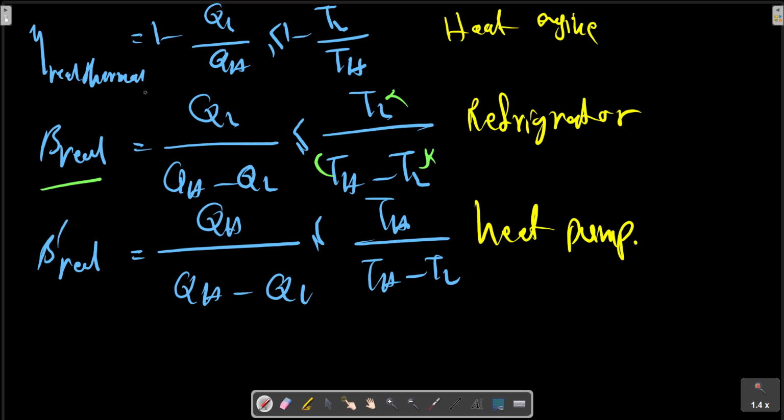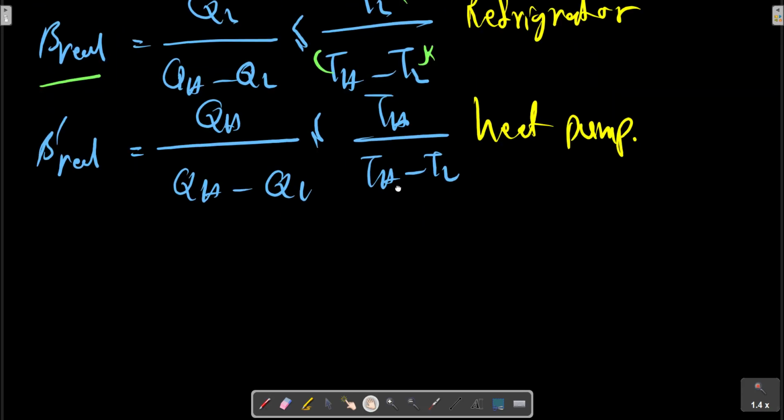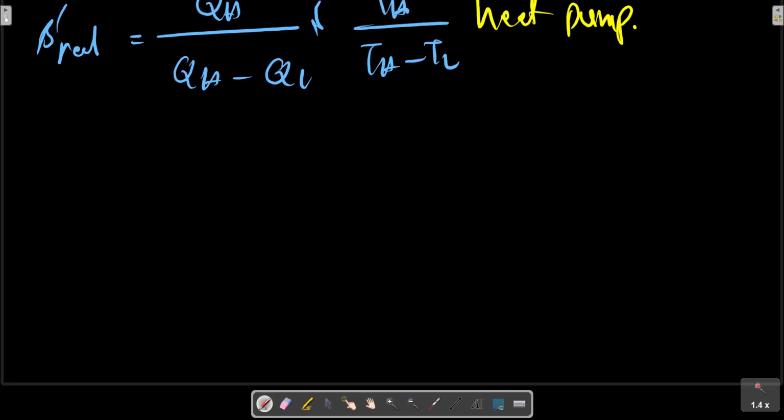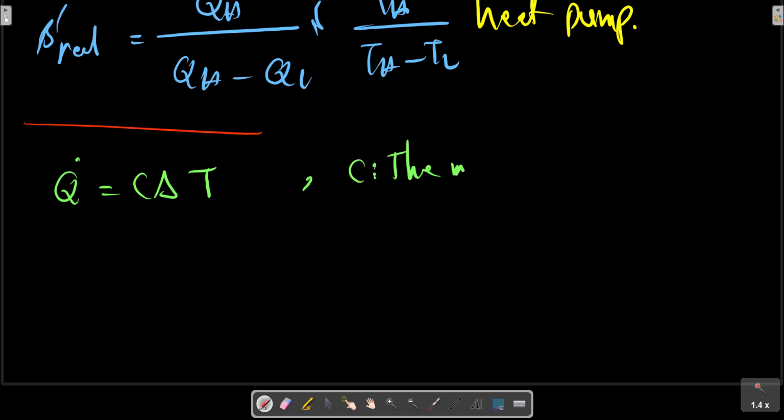However, if we recall the expression for the rate of heat transfer by conduction, convection, or radiation in chapter 4, they can be written as Q dot equals C times a temperature difference. The constant C depends on the mode of heat transfer.